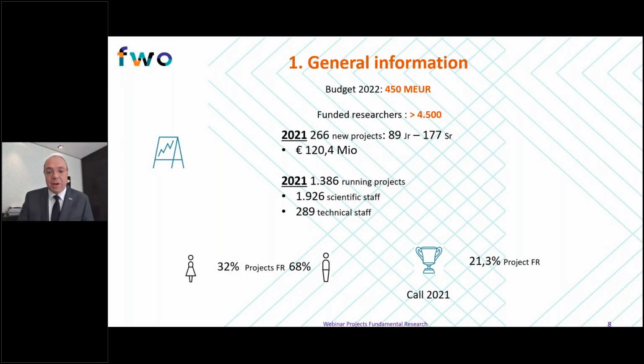So more or less 1 out of 5 applications receive funding at the end of the process. For now, we are not exactly sure what the percentage will be in 2022, but you can assume that it will be more or less the same, maybe a bit more, but not much. So I think 1 out of 5 is a good guidance also for this call.